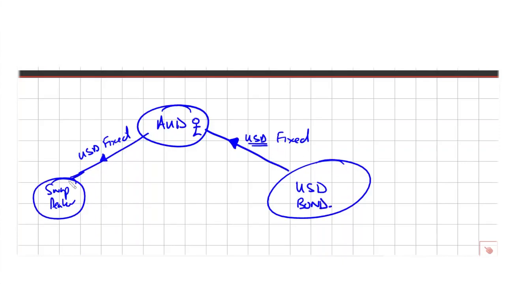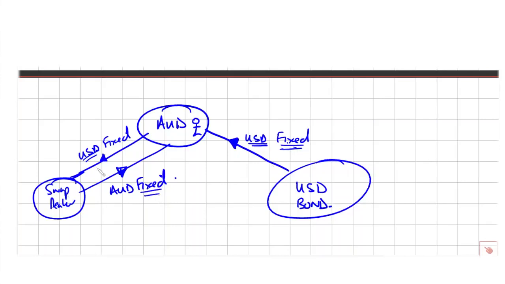You don't want that, so you pay away US dollar fixed and you receive in return Australian dollar fixed, Aussie fixed. And so that tells you what you need to do. If you just focus on the coupon, that tells you what you need to do: pay away that regular fixed US dollar coupon that's coming in.